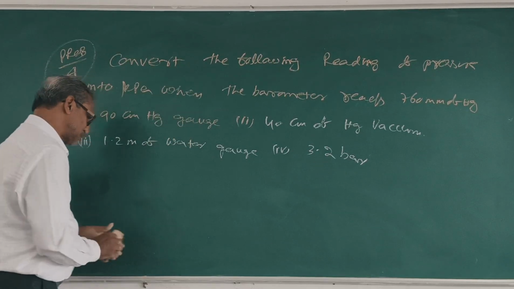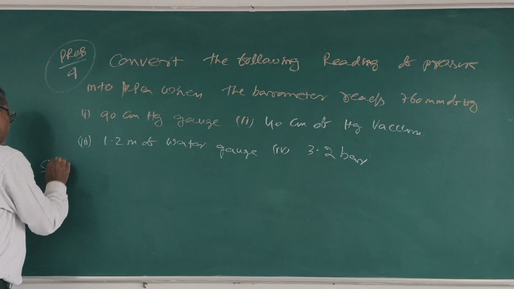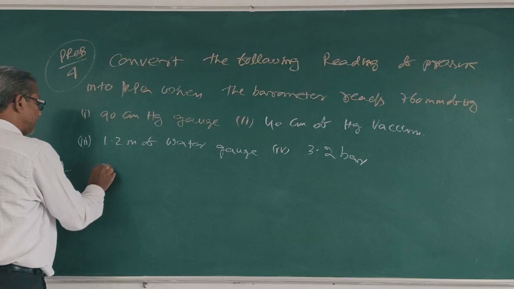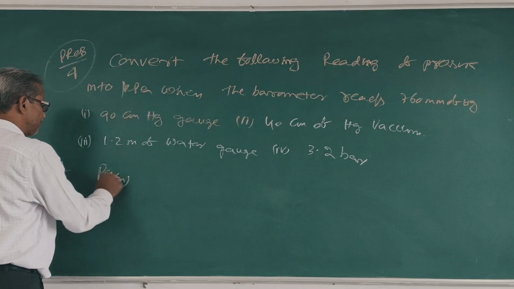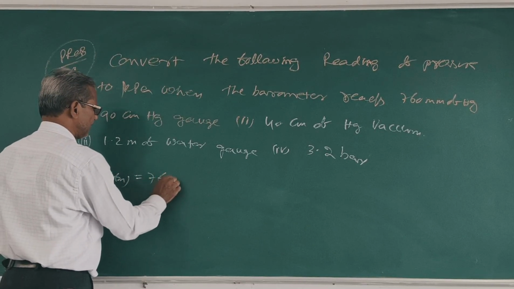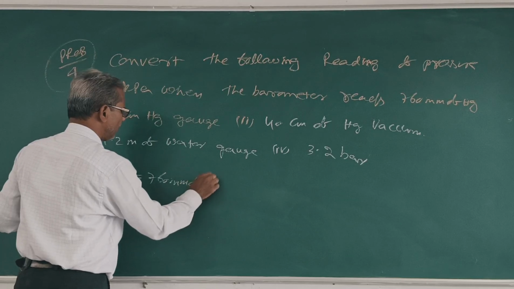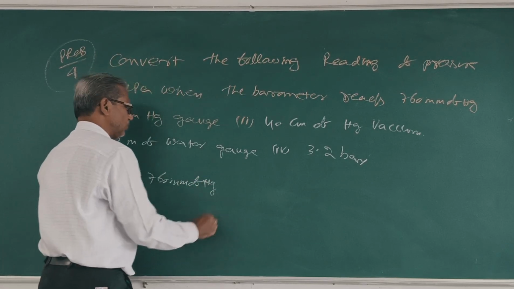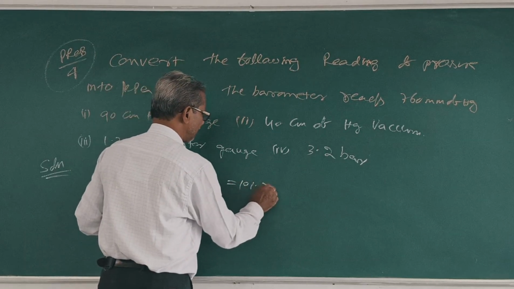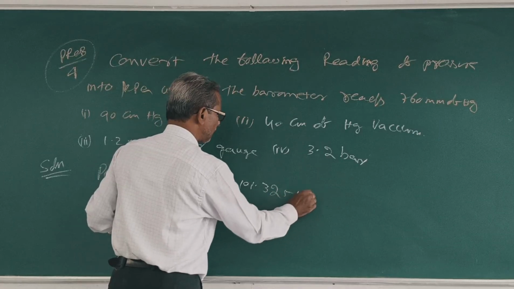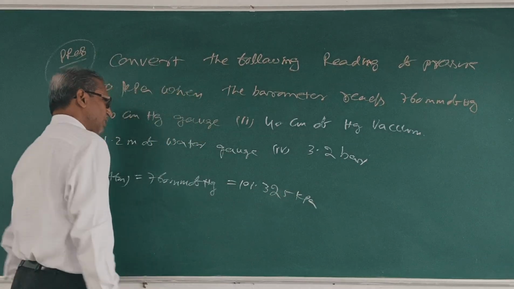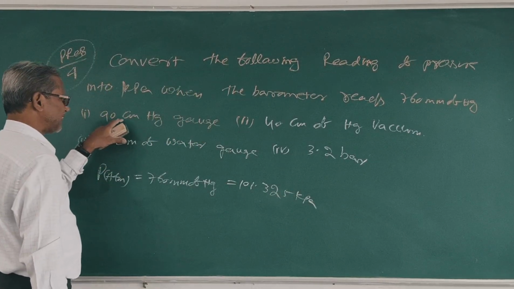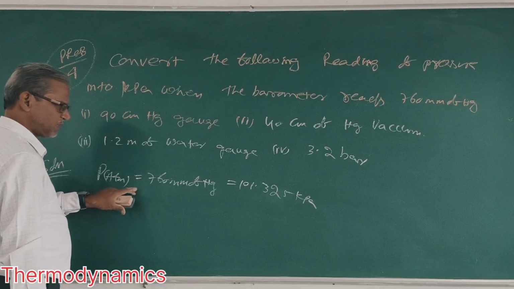That is the answer, solution. P atmospheric is 760 mm of Hg. What is this value? 101.325 kilopascal. Clear? First, I will convert 90 cm gauge into P absolute.